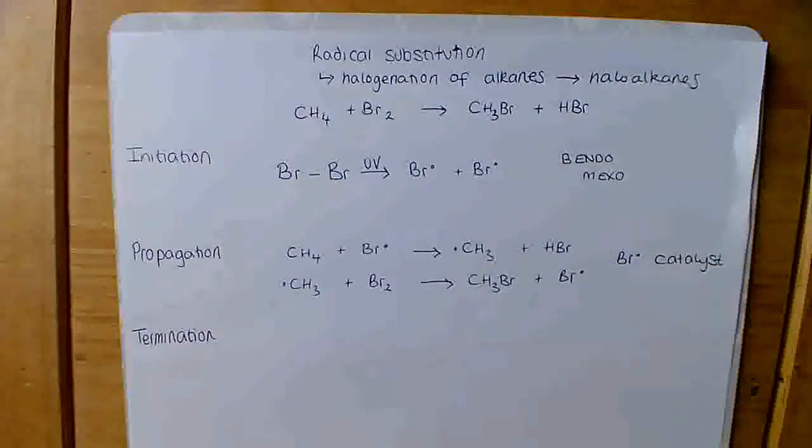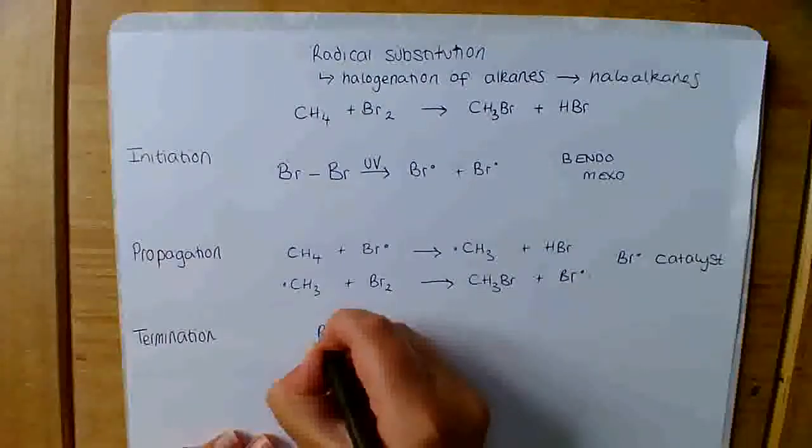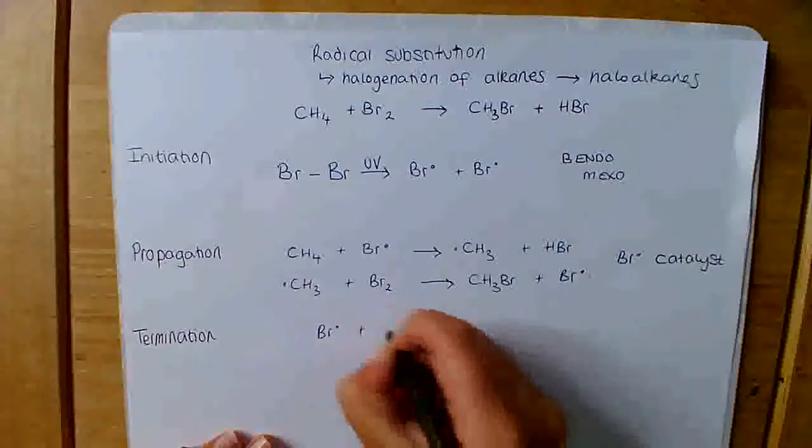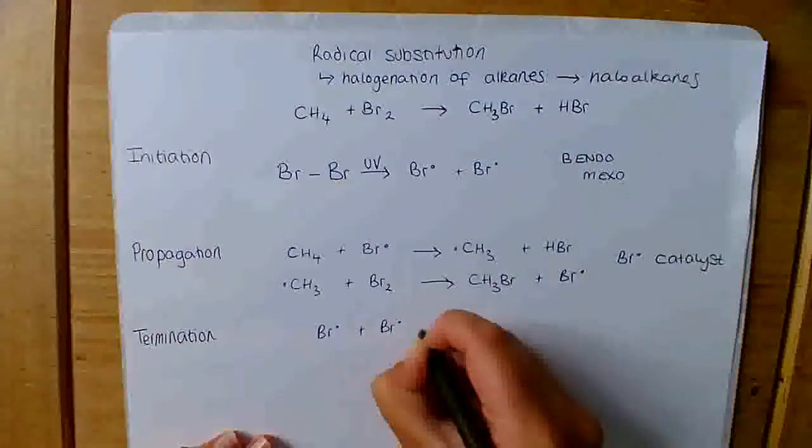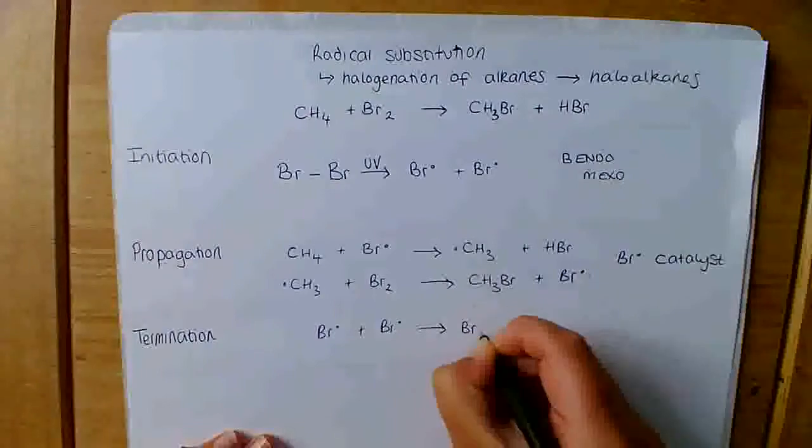The final step we need to talk about is the termination. The termination occurs when 2 radicals react together. This could be 2 bromine radicals reacting together to form a bromine molecule.